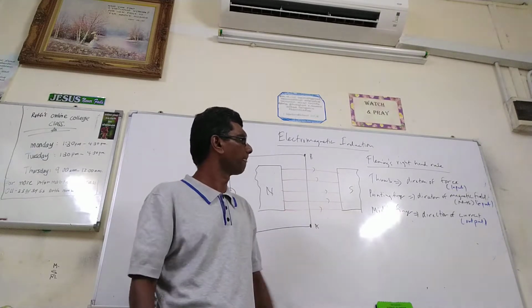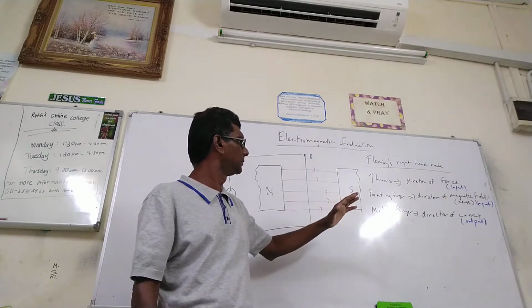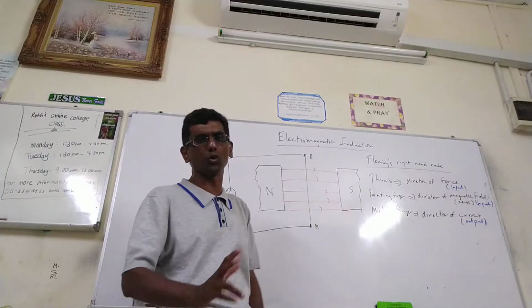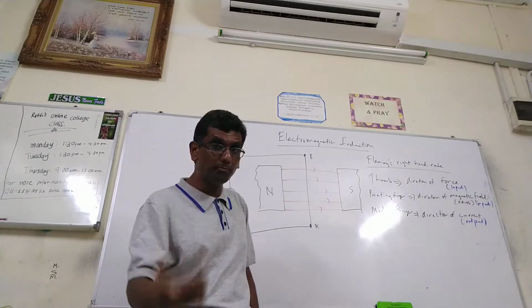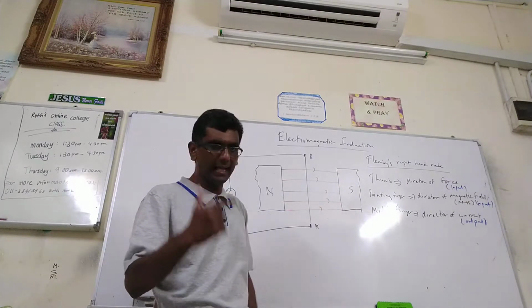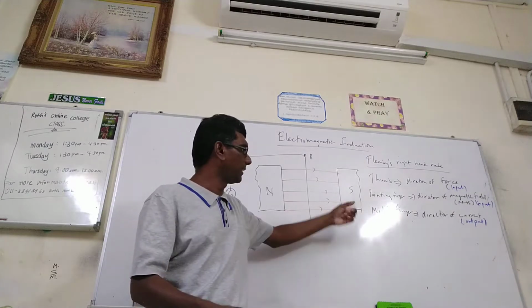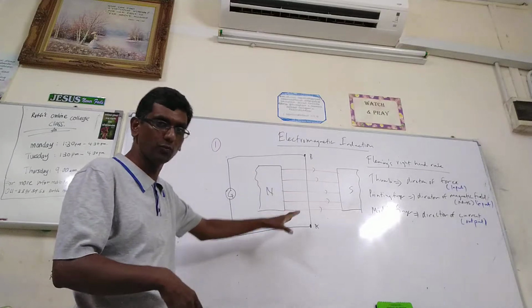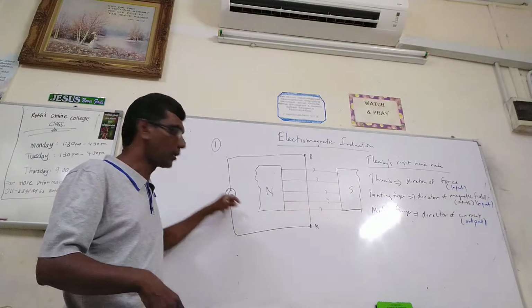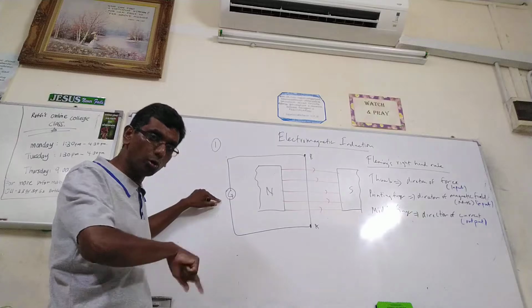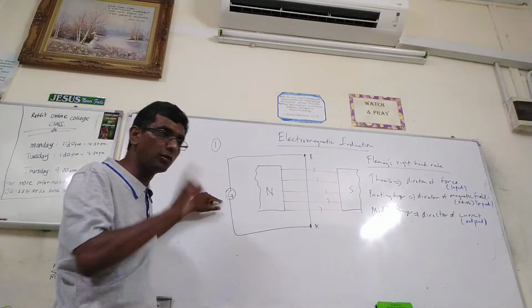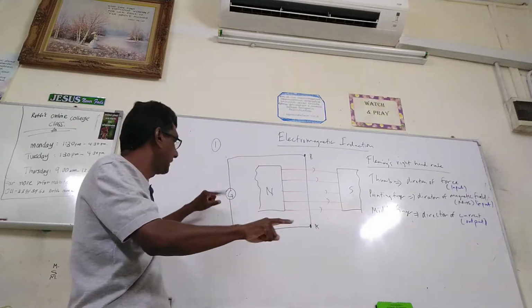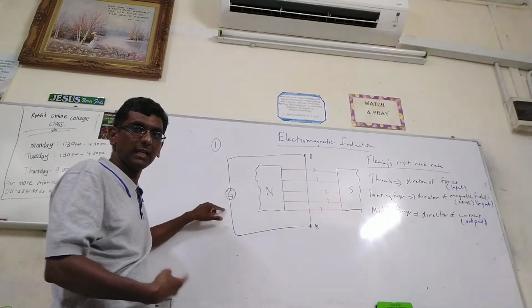The thumb shows the direction of force, input. The pointing finger shows the direction of magnetic field, input, and the output we get is current. As a result of this, we get current, because current is not supplied. In the motor rule, or Fleming's left hand rule, current is supplied. But here, current is produced.